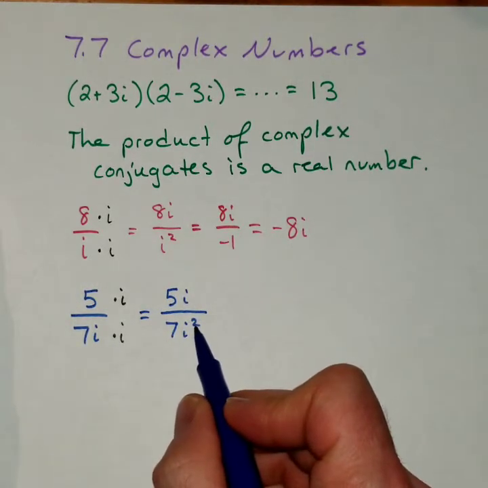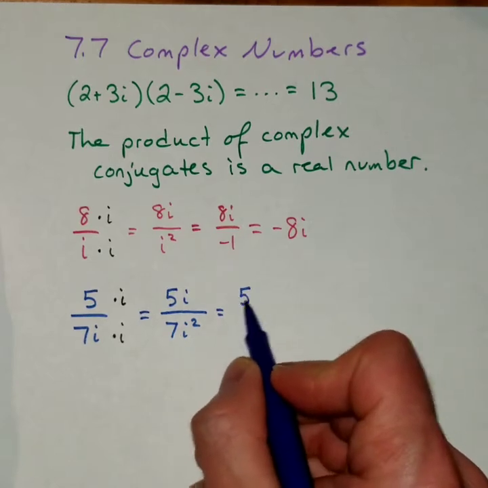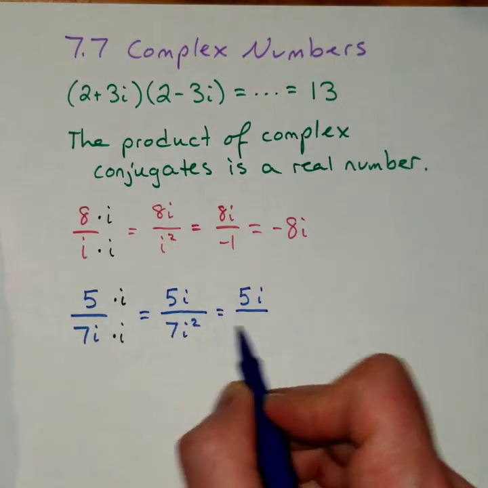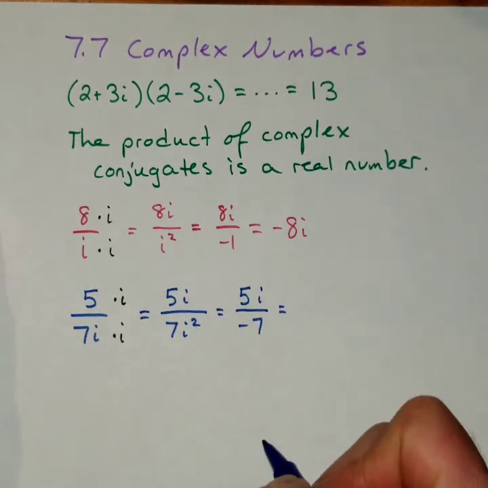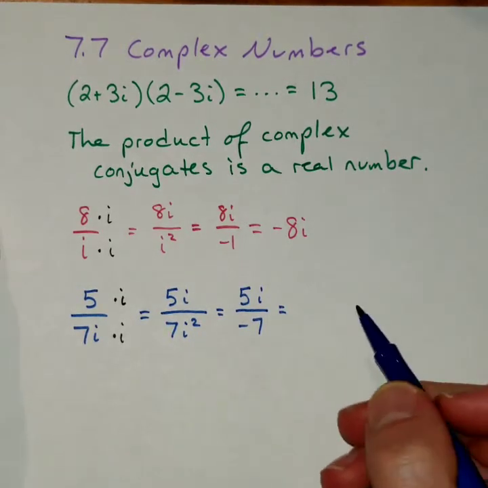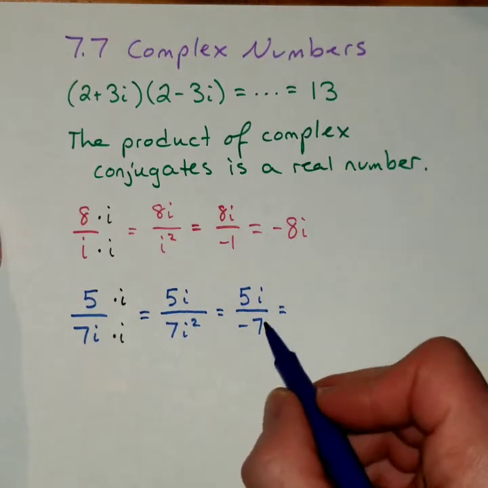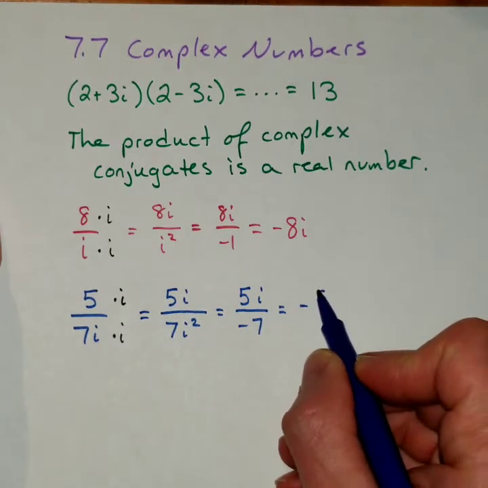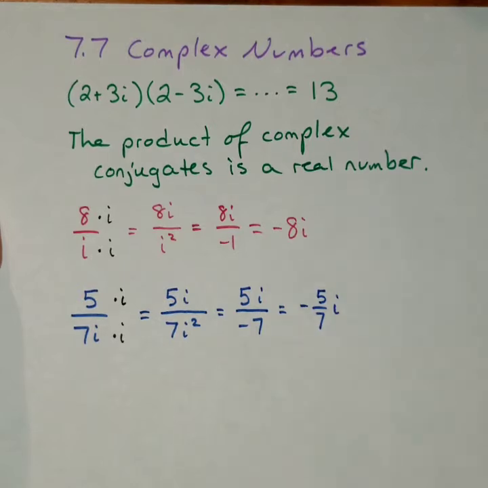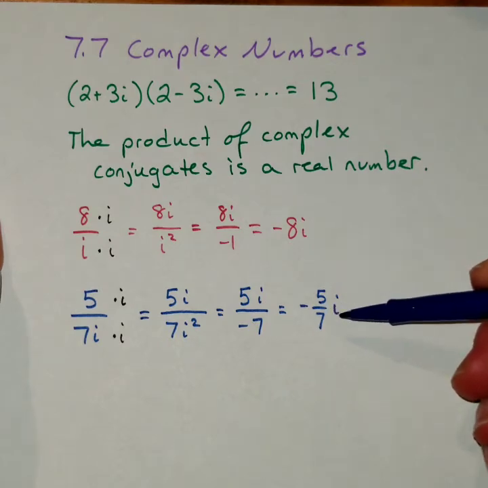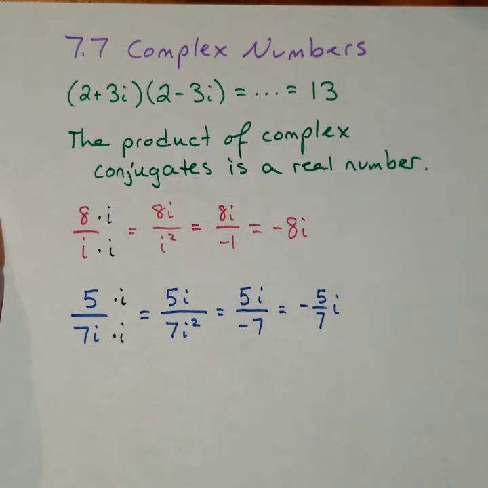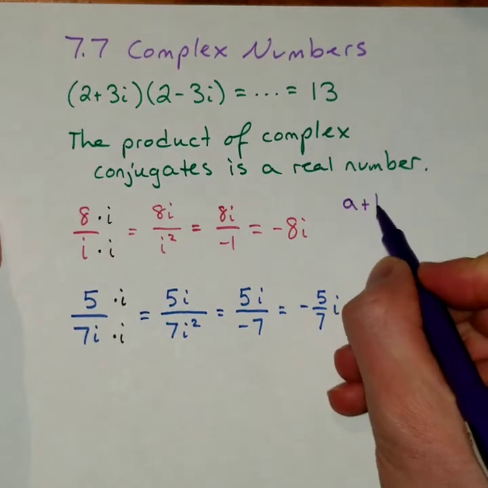Well, remember, i squared is -1. So we get 5i over -7, right? 7 times -1. And if I want to write that in the standard form, a plus bi, the a is 0. The b is -5/7. So this is -5/7 times i. That is the a plus bi form. Remember, in both of these cases, the a is 0. Again, we're writing these in the form a plus bi.